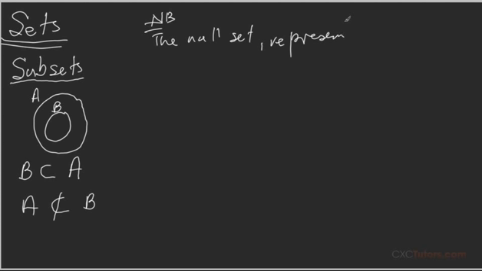We have a special symbol for our null set. We have a symbol like this, or we have it this way. So any of those we use to represent our null set. We say the null set is a subset of every set.